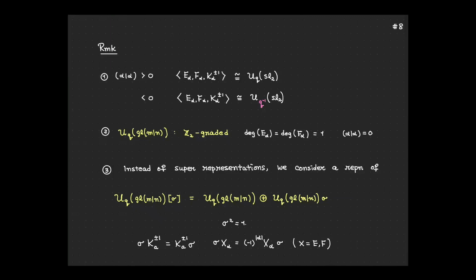They commute, and for the other generators there is some sign that appears. What I want to say is that considering a super representation of U_q(gl(m|n)) is equivalent to a usual representation of this twisted group algebra. When this order 2 element acts on the representation, its eigenspace decomposition gives a Z2 grading.